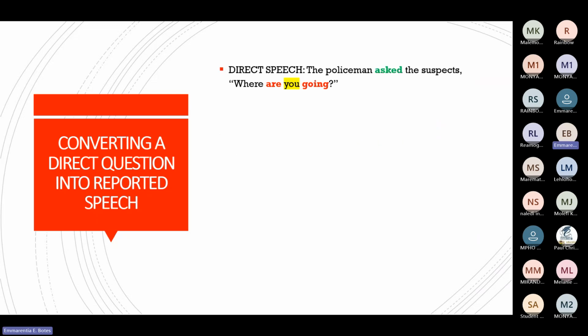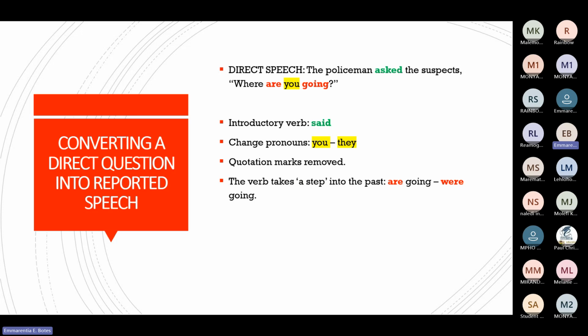Okay, then let's look at this one. The policeman asked the suspects, where are you going? So our introductory verb, asked, past tense. We change from you to they because it's a lot of suspects now. It is clear that the pronoun you is referring to more than one person. Quotation marks and question marks removed.